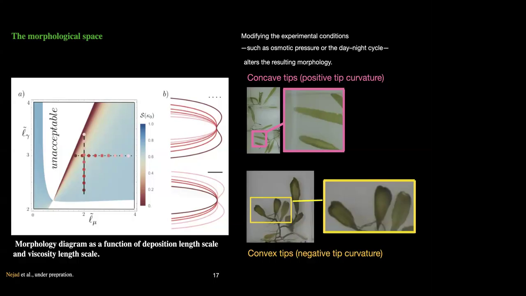So the only way we have been able to compare the theory and experiment so far is by changing the pressure outside the plant by adding salt. And even that, if the change is very big, the plant is going to stop growing. So there are certain regimes where we can compare the theory and the experiments. But at least it's promising to see that you can change the pressure outside and see the same sort of morphology changes, curvature going from positive to negative, by changing the external properties of the fluid.